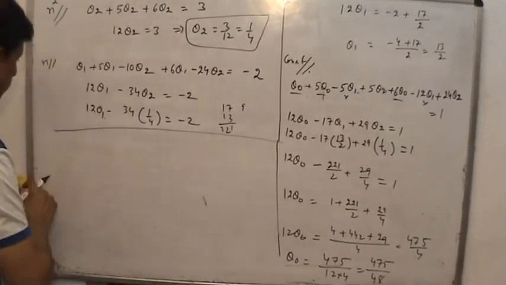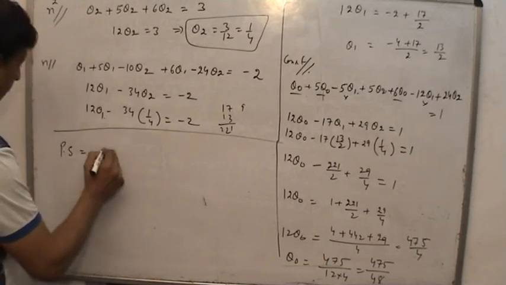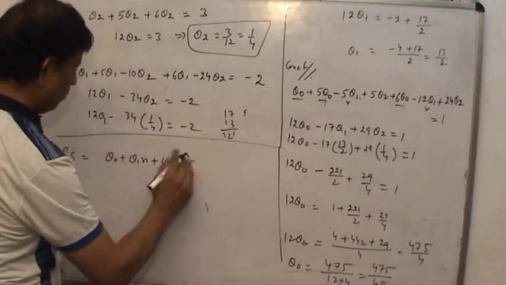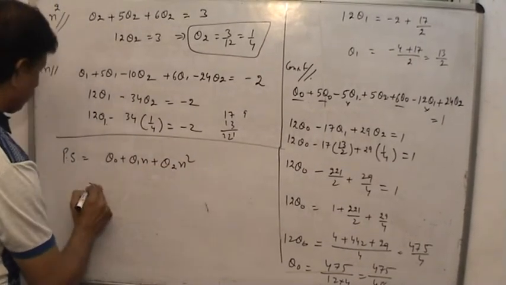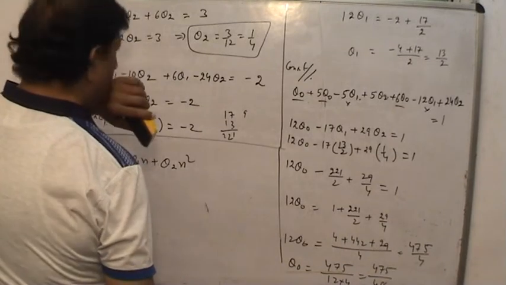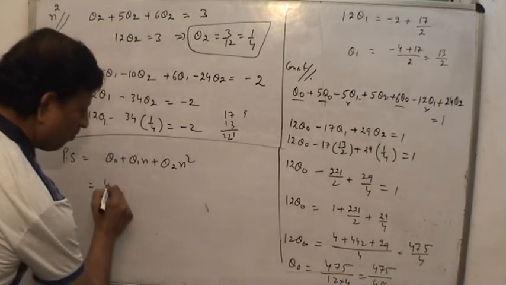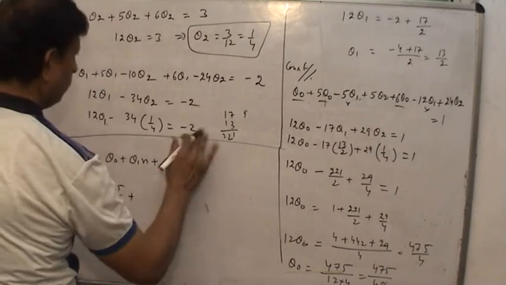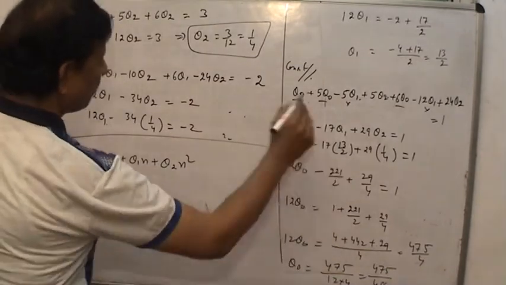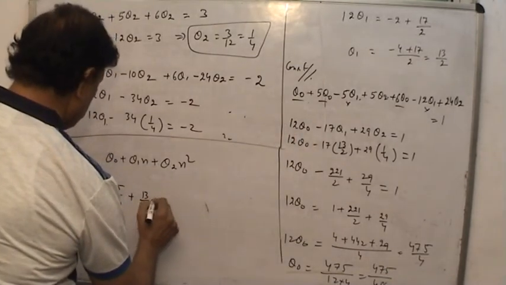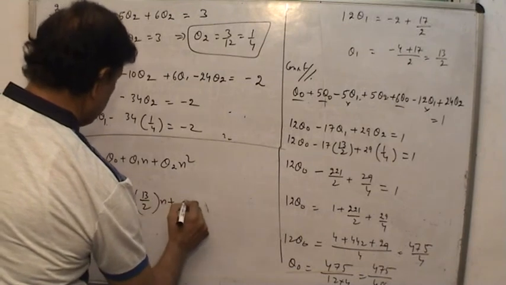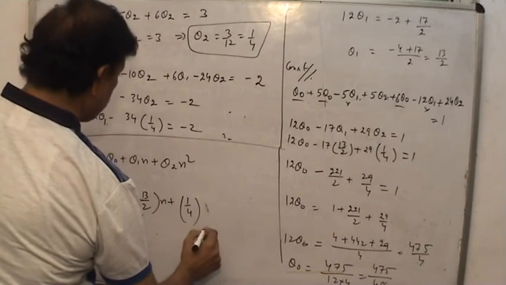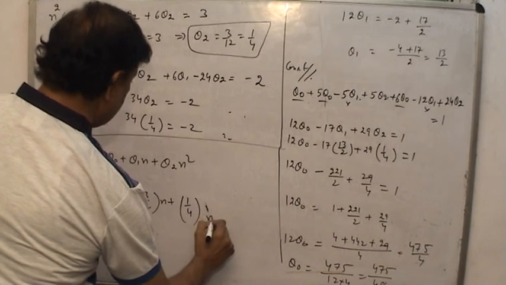Then what is the particular solution? The particular solution was Q0 plus Q1n plus Q2 n square. Put the values of Q0 and Q1: Q0 is 475 divided by 48, plus Q1, 13 by 2 n, plus Q2, which is 1 by 4, n square.